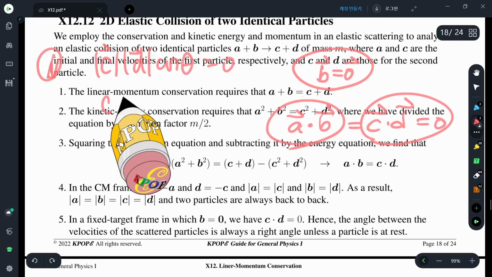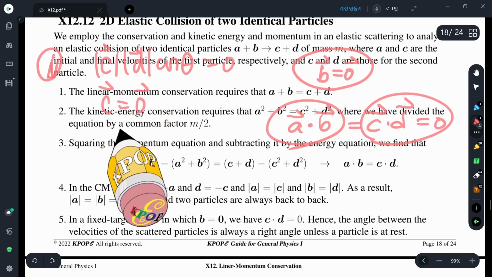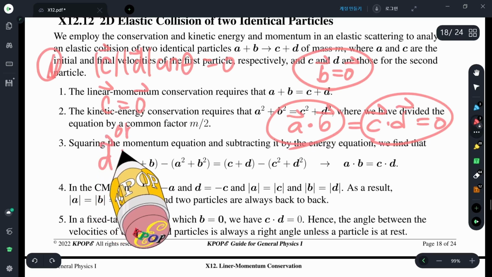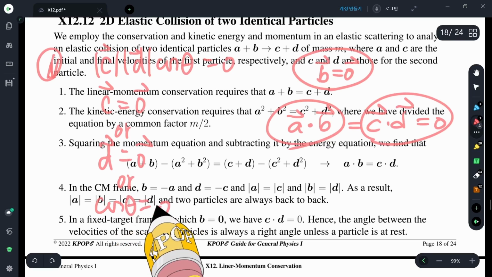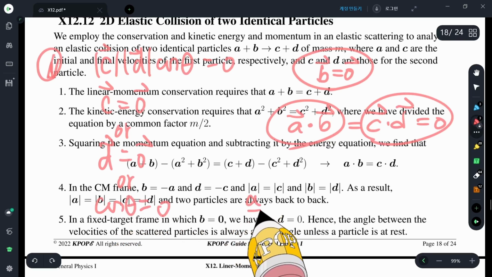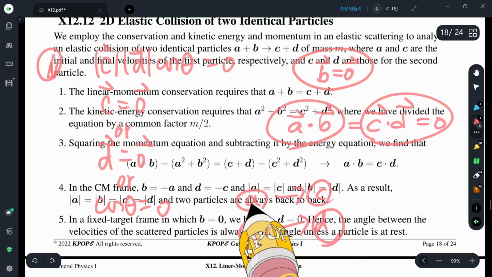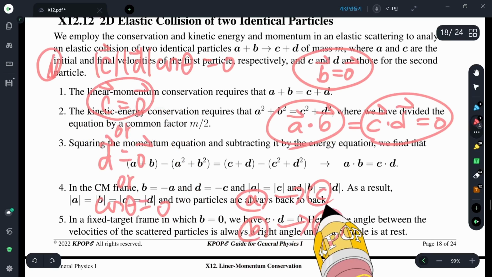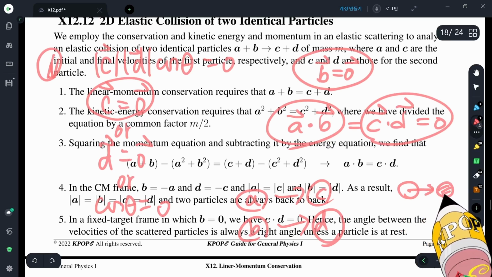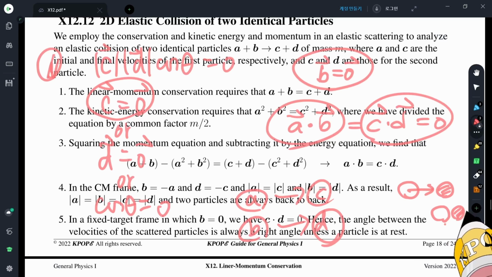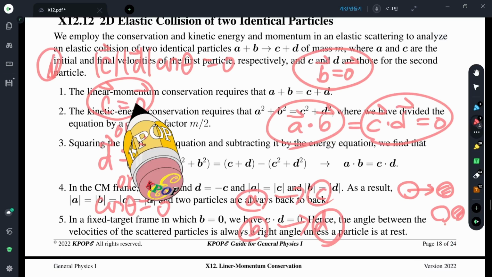So either c equals 0 or d equals 0 or cosine theta equals 0. We say a goes to c and b goes to d. If c equals 0, then a hits the ball, a stops and this ball flies away with the same initial velocity. This is the case.